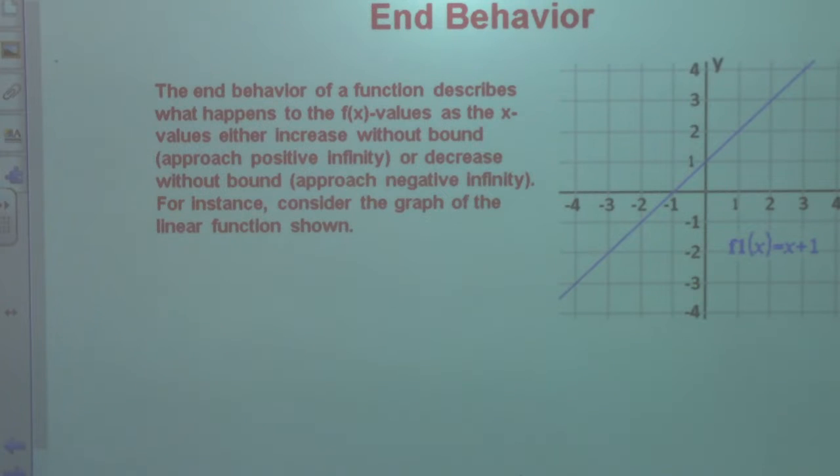So that's what we do. Now, when you look at end behavior, there are two ways to look at it, and that's as x approaches infinity, or as x approaches negative infinity. And when you approach negative infinity, you're going to be going which way?